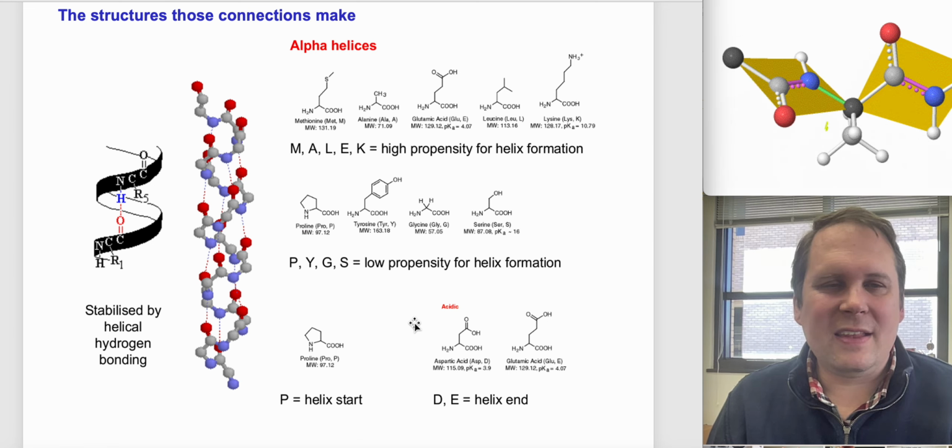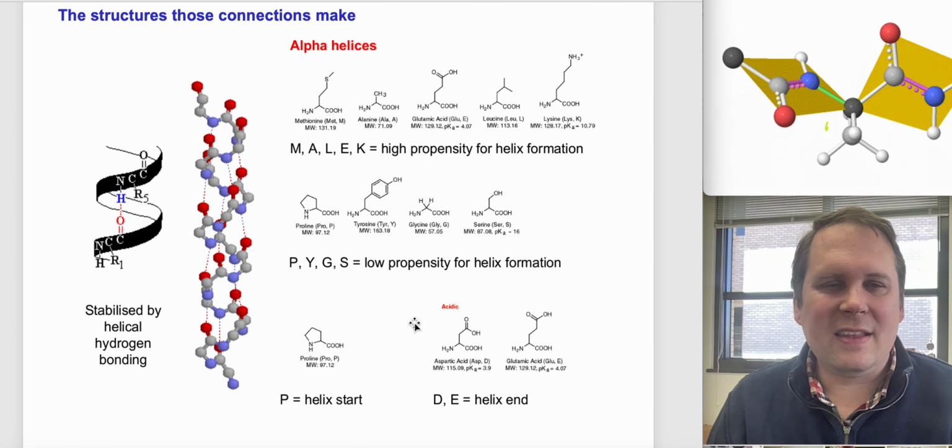It means king or queen. So think of King Malik with M methionine, A alanine, L leucine, E glutamic acid, and K lysine. Those are more common in helices than out.